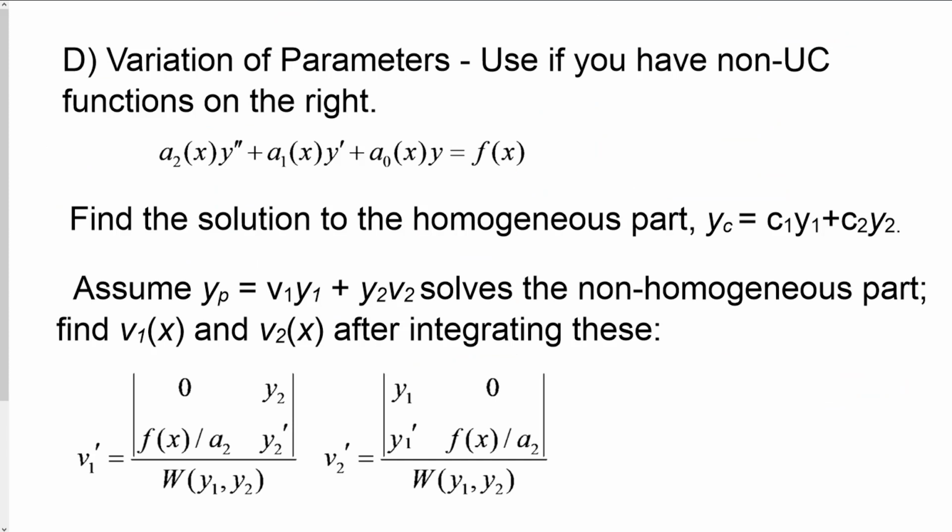All right, this next method reviews the technique that we use when the right-hand side is not made up of UC functions, and this is called variation of parameters. If we do not have UC functions on the right, we've just got some generic function of x over there, then we would have to solve the homogeneous part first, as always, to find our solutions y1 and y2, with whatever technique that requires.